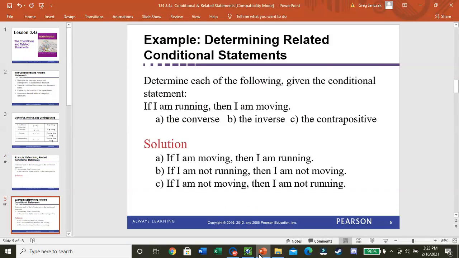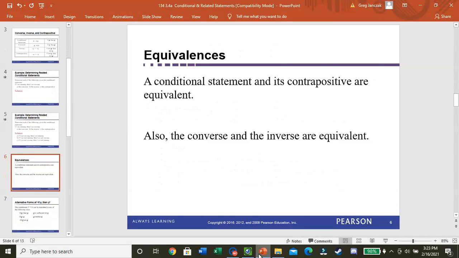Alrighty. A conditional statement and its contrapositive are equivalent. Okay, so what we mean there is when we look at the truth tables, the conditional statement and its contrapositive are equivalent. So let's see how we would do that.